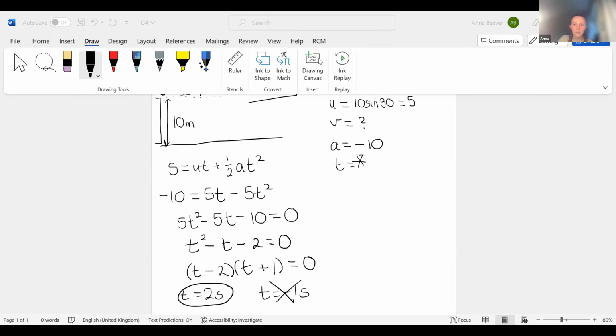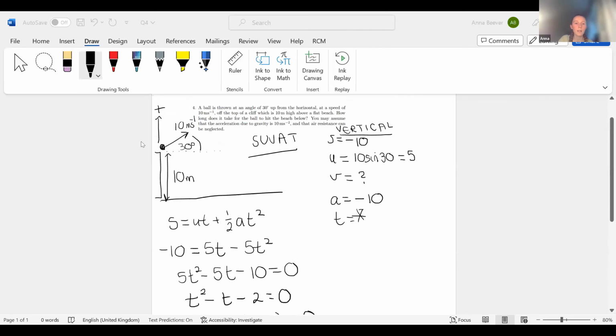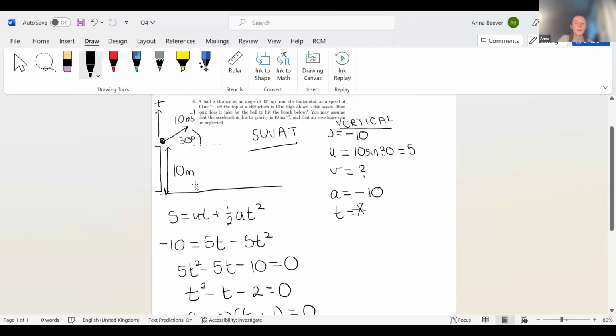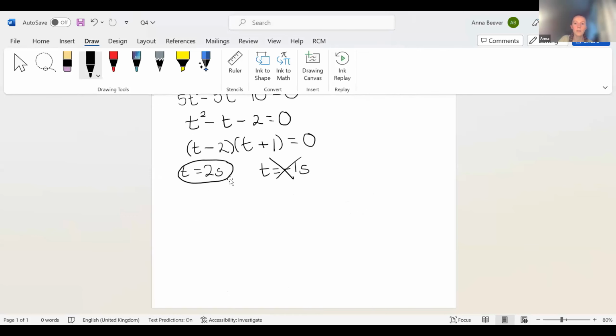Does the negative answer tell us the time for the ball to go up the cliff from the ground? The negative answer tells us, so I'll just draw this down here. So we have the cliff and we have the ball being thrown like this, and it travels like that. And we've just calculated the time for it to reach here. But if you imagine it going backwards in time, but assuming that it wasn't thrown originally, that it just followed the trajectory that it's on now, because once it's been thrown, we assume it travels like that as though it wasn't thrown.